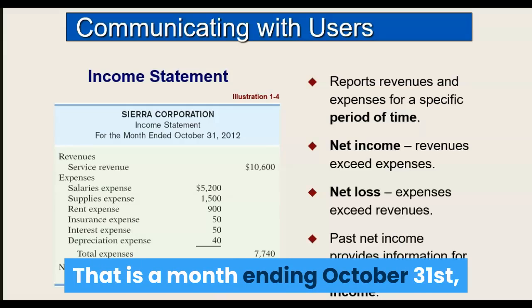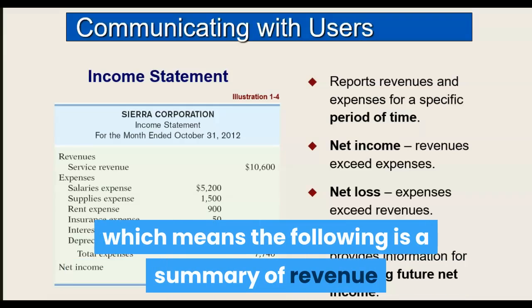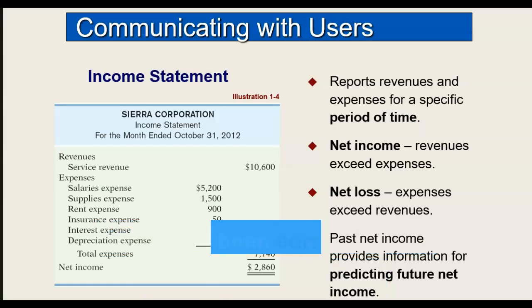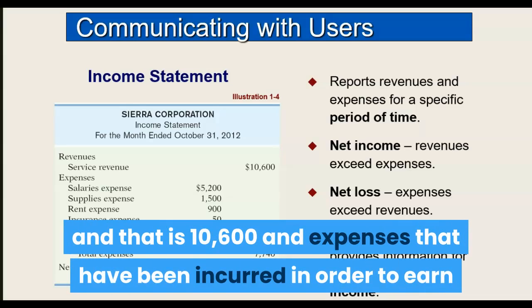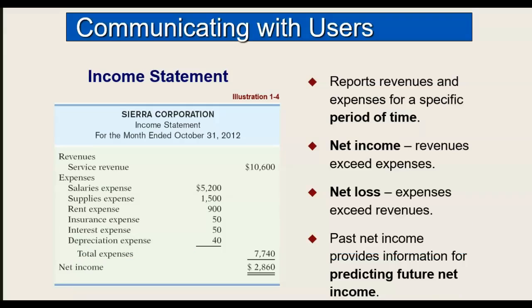That is a month ending October 31st, which means the following is a summary of revenue that has been earned from October 1st to October 31st, and that is $10,600, and expenses that have been incurred in order to earn that revenue from October 1st to October 31st, in this case 2012.